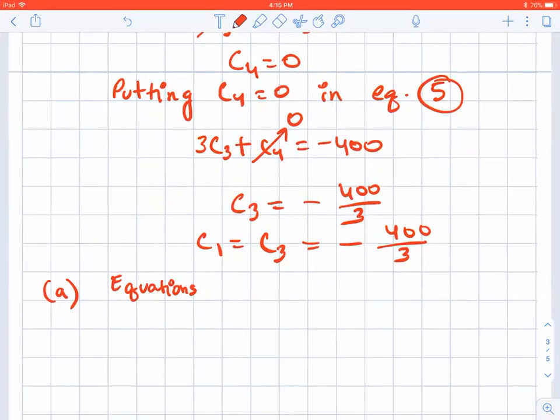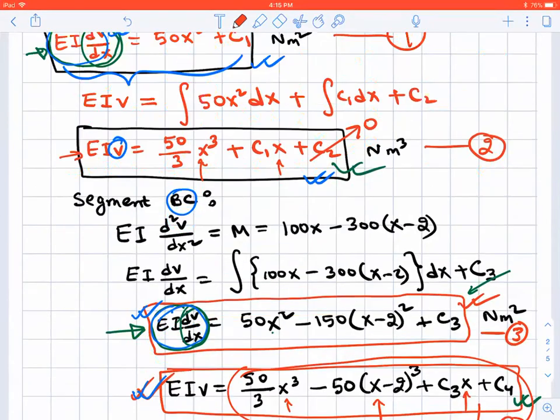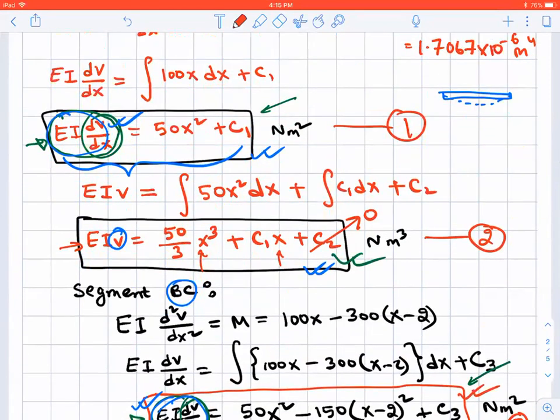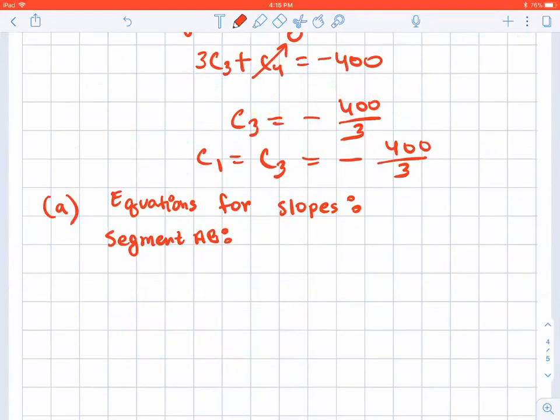Equations for slopes. So that's going to be for segment AB. That is my equation 1, but right now I know all my constants, so I know how much is C1. So I can write EI dV/dx is equal to 50x squared plus C1.